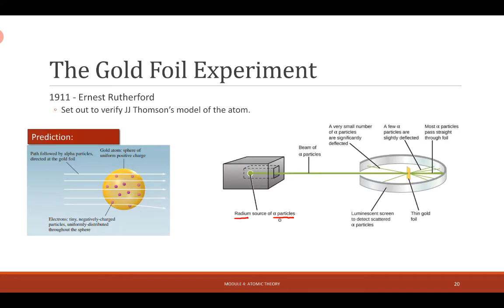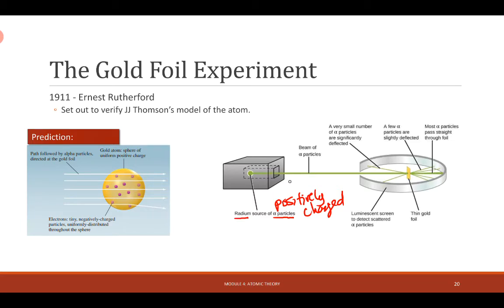Alpha particles, we now understand, are helium nuclei. And so they are positively charged. At the time, they did know that they were positively charged, but he didn't really know what they were exactly.